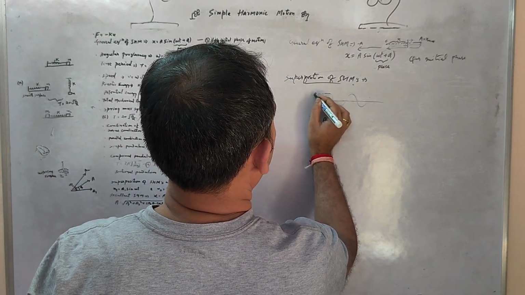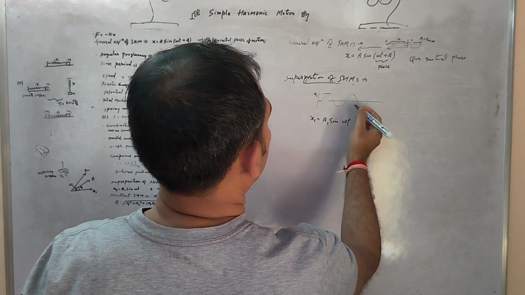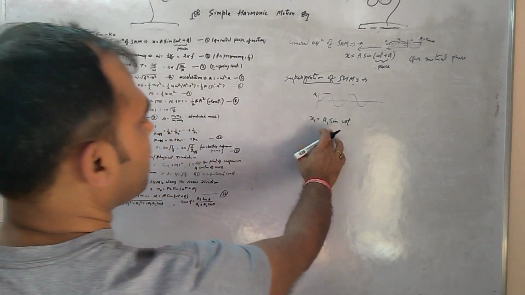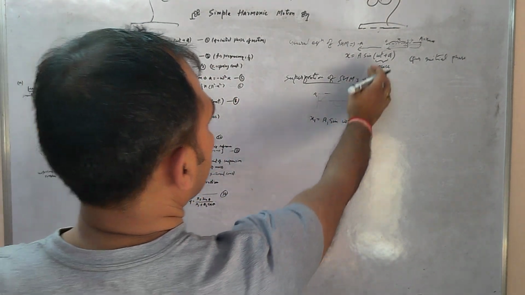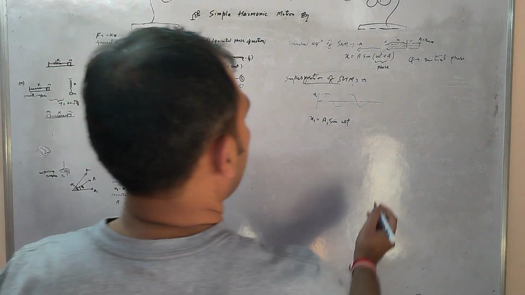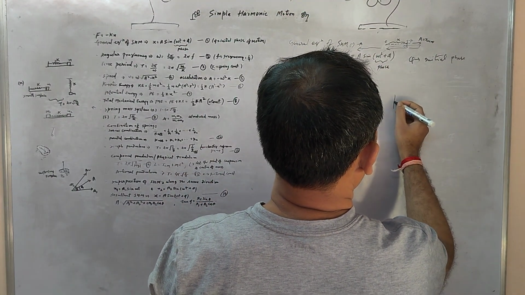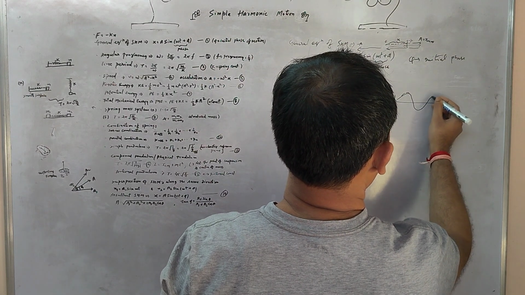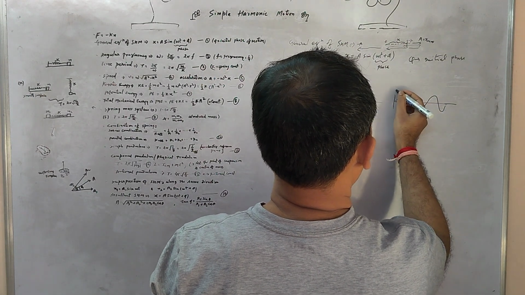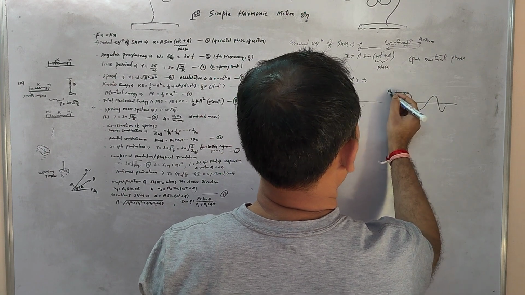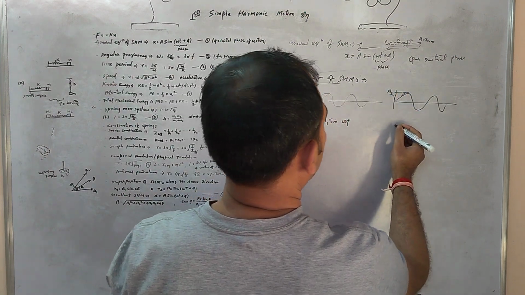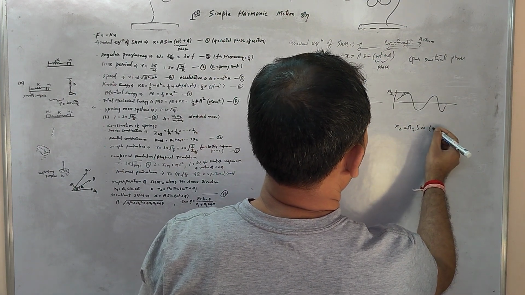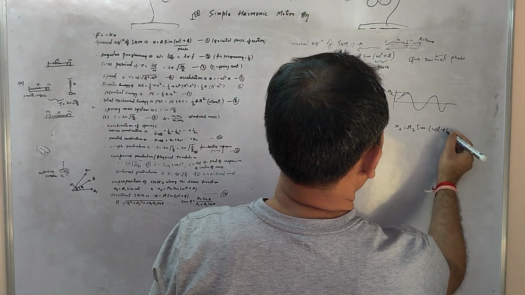This is a1, omega and t, the general equation for simple harmonic motion. And another simple harmonic motion, here the amplitude is a2, so x2 will be equal to a2 sine of omega t plus theta.